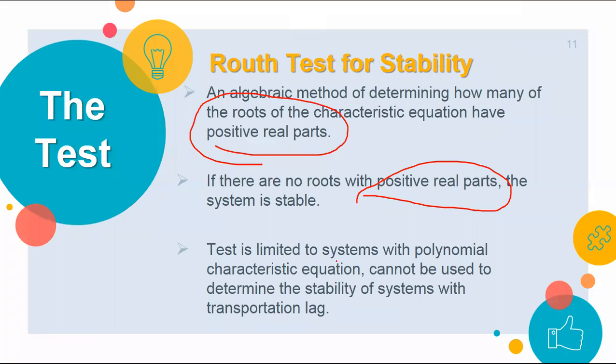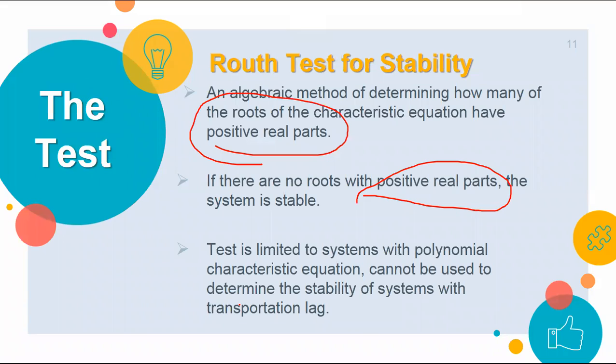It's the only transfer function that is exponential. So if you do not change that original transportation lag to an approximation, like the Taylor approximation, the first order Padé approximation, or the second order Padé approximation, you will not yield a characteristic equation that is purely polynomial, without any other function except variables raised to a particular exponent. You will have the appearance of the exponential function. If that is the case, the Routh criterion, or the Routh test, cannot be used.